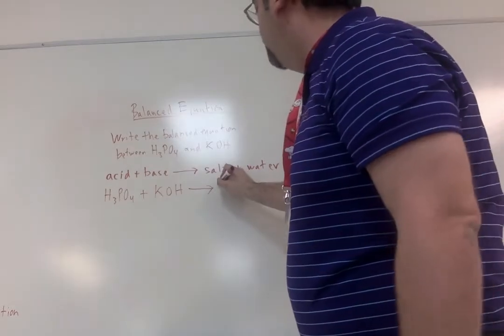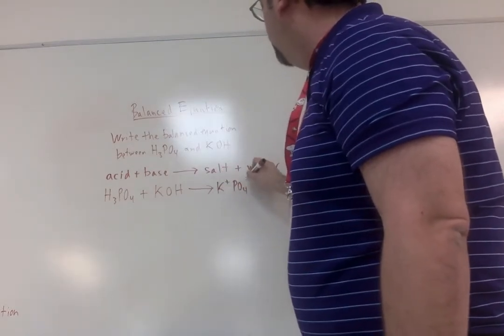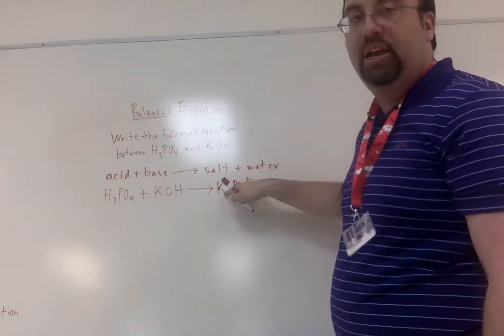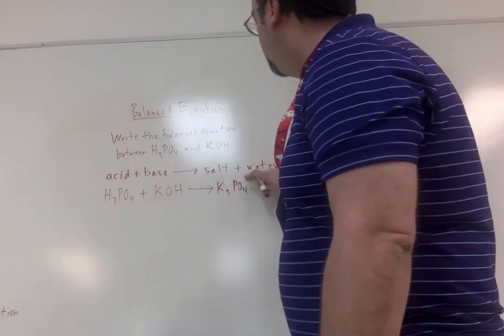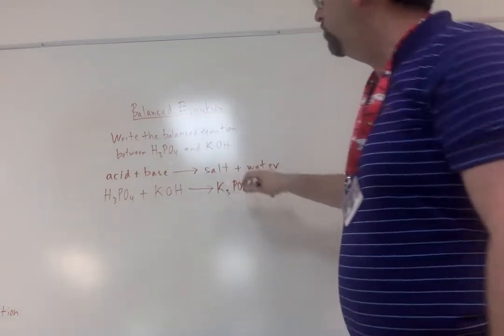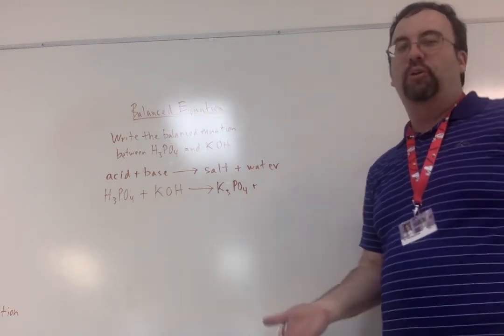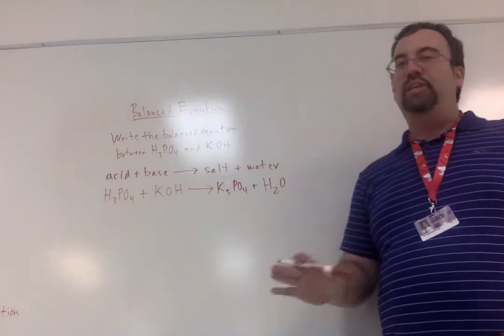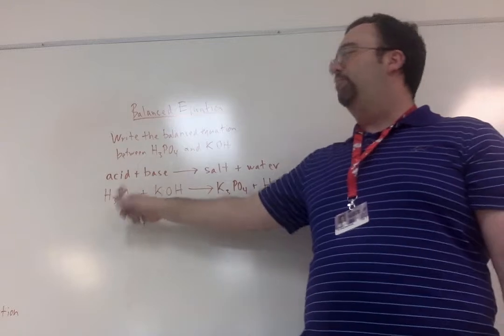We have K+, PO4 3-, we crisscross these two, so the 3 comes down here, the 1 stays here, and so we have K3PO4 as our salt, and of course, hopefully you guys remember that the formula for water is H2O.